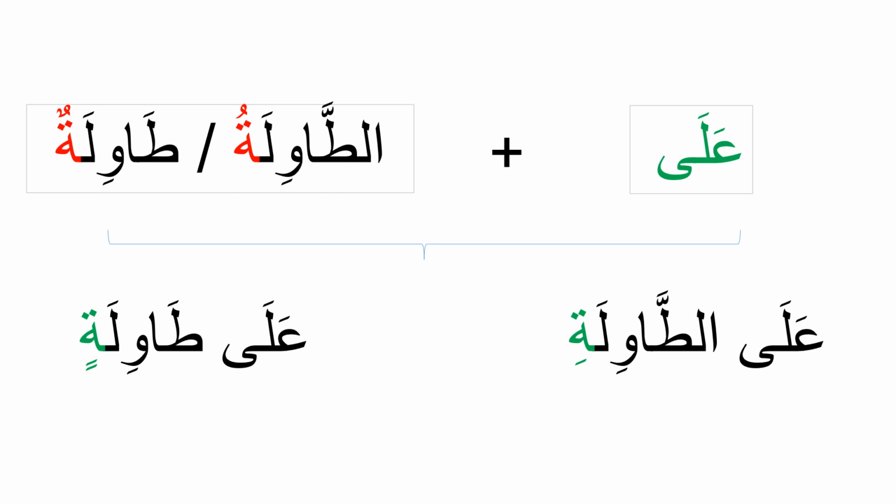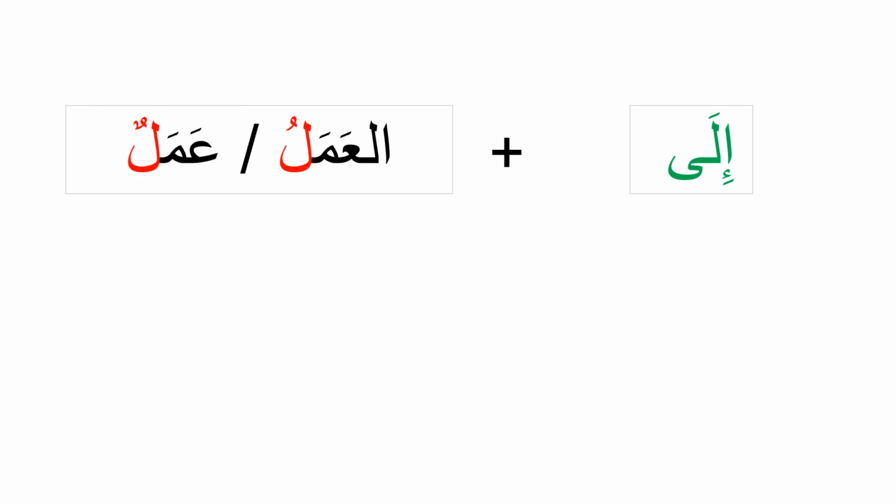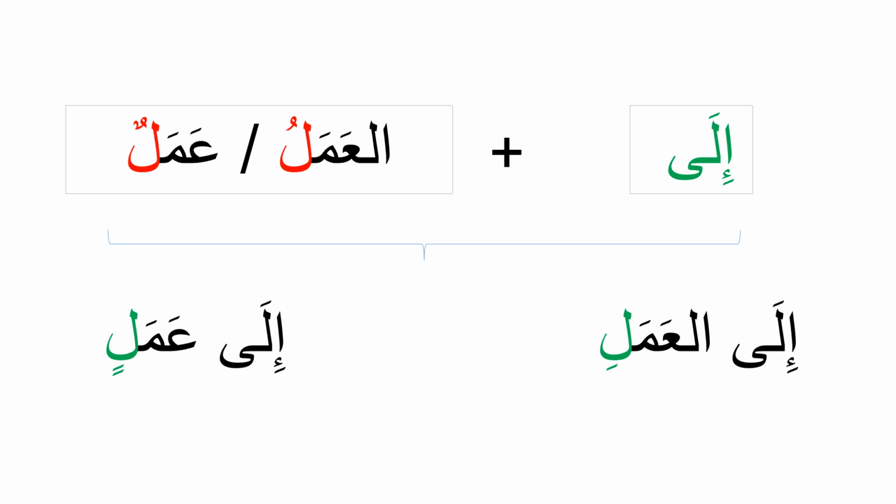Next. إلى العمل، إلى عمل. Please note that the meaning of all of these compounds is not complete, i.e., no information, desire, order, or command can be understood from them, and that's completely normal since we didn't learn how to form sentences yet. All you need is to focus on the syntax and the case ending, and of course, memorizing these prepositions would be a big plus.